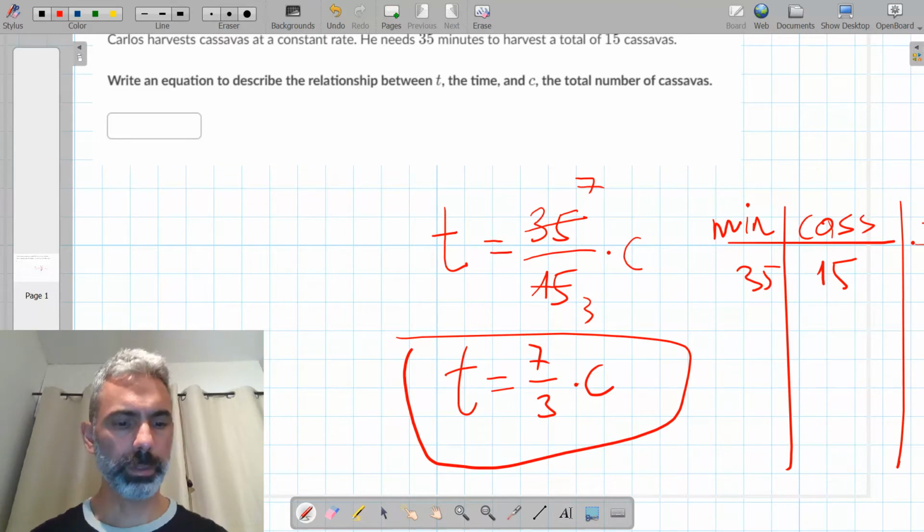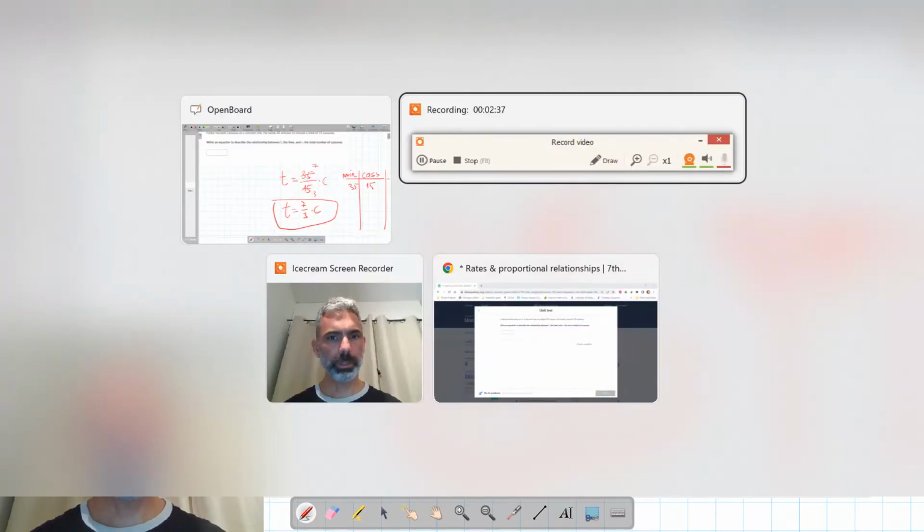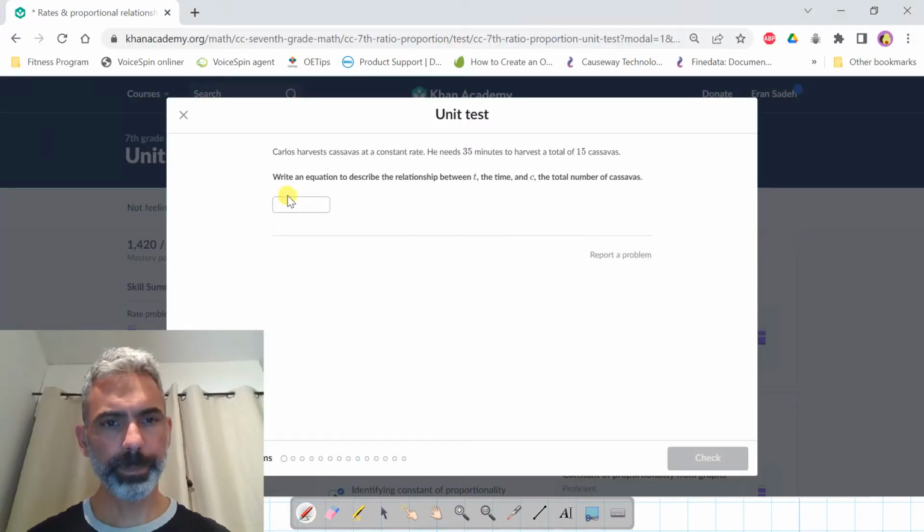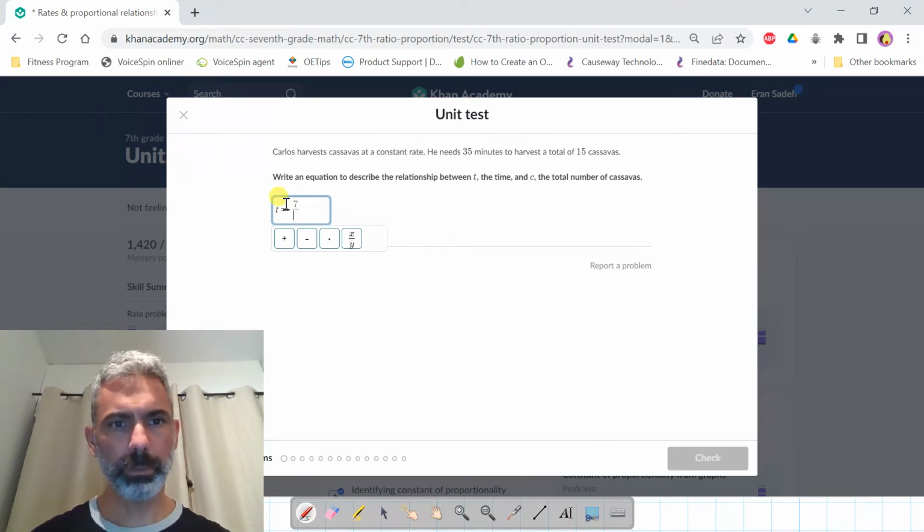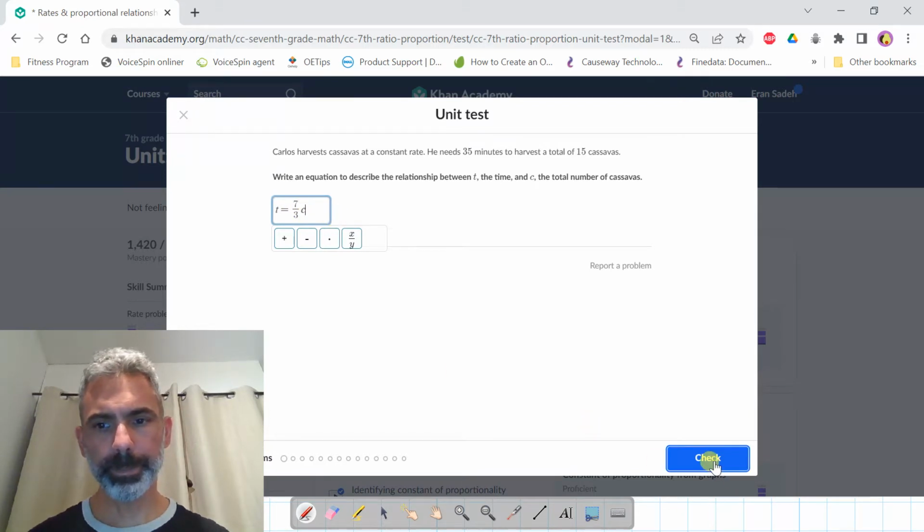Okay, so T equals 7 over 3 times C. T equals 7 over 3 C. Good.